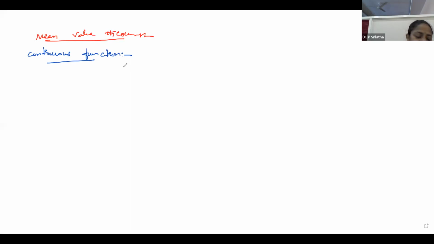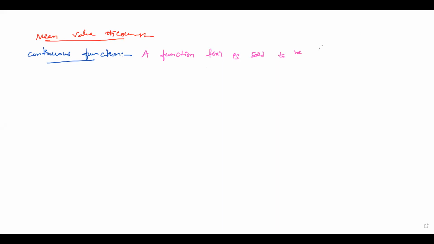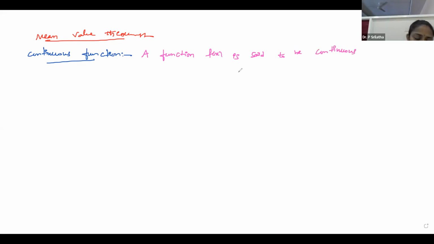A continuous function means a function f of x is said to be a continuous function if, what is the formula?